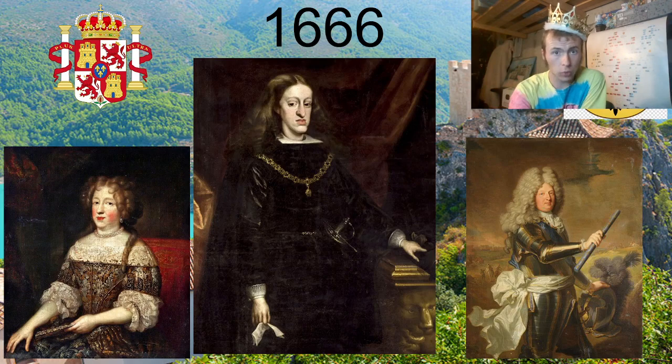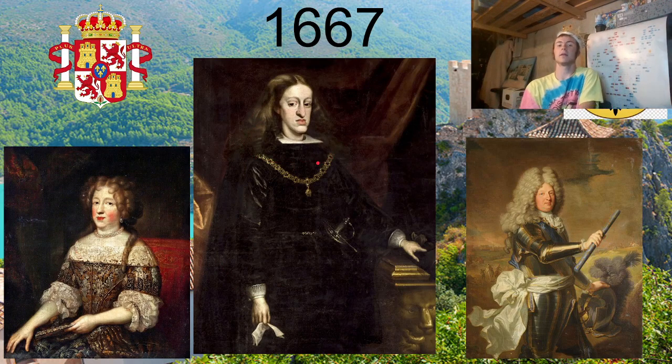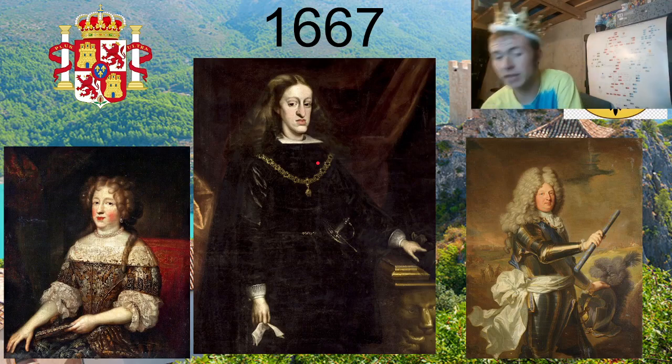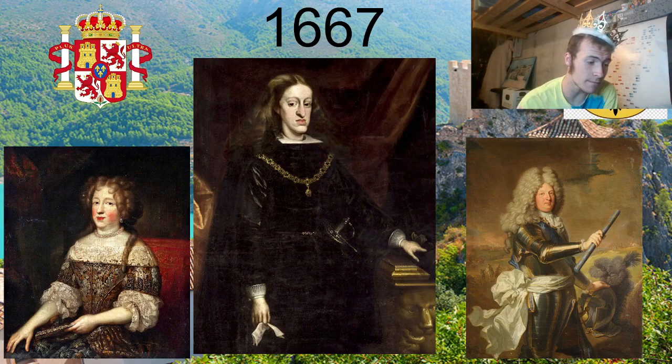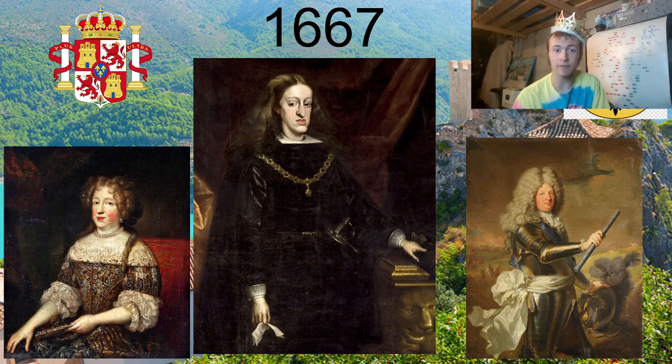Now, holy crap. This guy is literally one of the most inbred, probably the most inbred monarch that you ever get. He is the last Spanish king from the House of Habsburg because he is so inbred that he only lives to be 38 years old and he is not able to have kids. And also, he married his cousin.